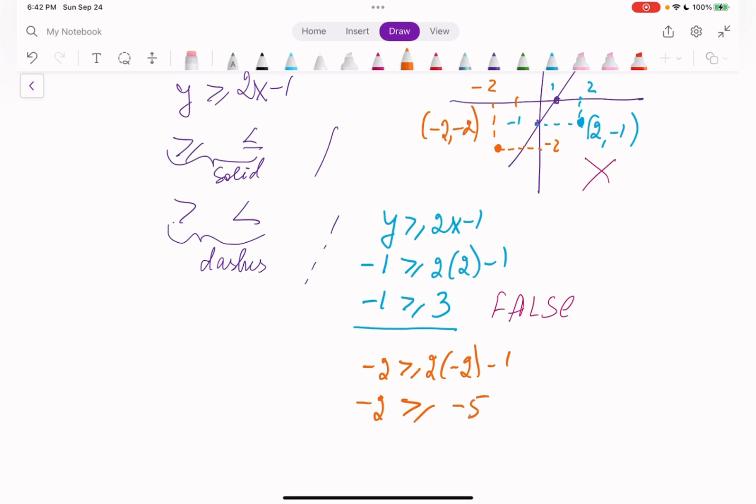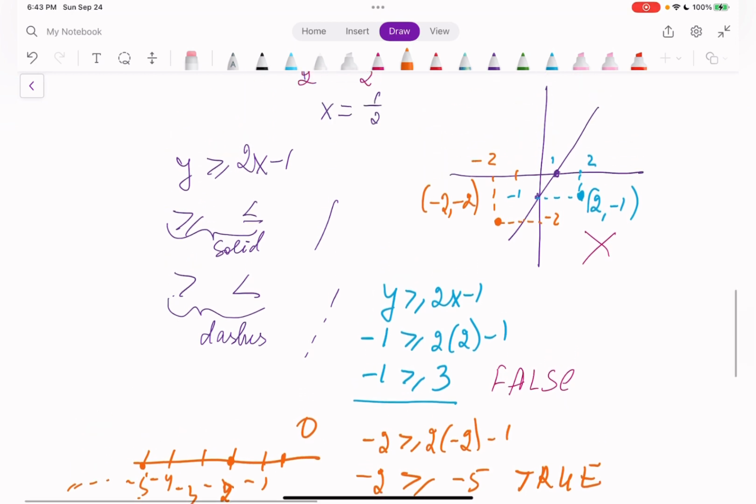Is this the case? Is negative 2 greater than negative 5? Yes. Why? Let me remind you, this is my 0, negative 1, negative 2, negative 3, negative 4, negative 5, and so on. The numbers located on the left side are always smaller than numbers located on the right side. So here is negative 2, here is negative 5. So negative 5 is less than negative 2, right? Which means negative 2 is also greater than negative 5. So this is a true case.